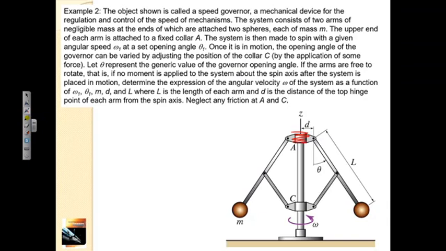That one's not going anywhere. But collar C slides up and down. And as collar C slides up and down, it moves the balls up and down. So even without applying any external torque to the system, torque in the z direction, you can still change the speed at which this thing is spinning. So if you were trying to control its rate of spin, you want to control how high those balls go.